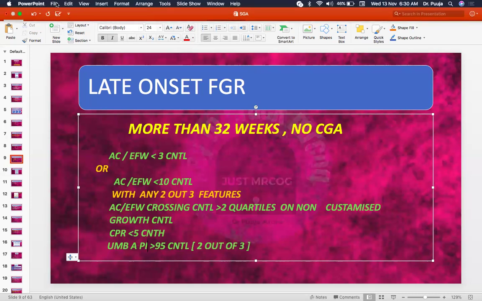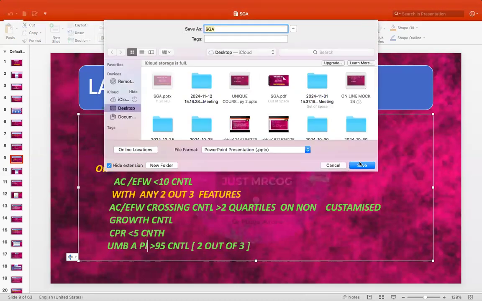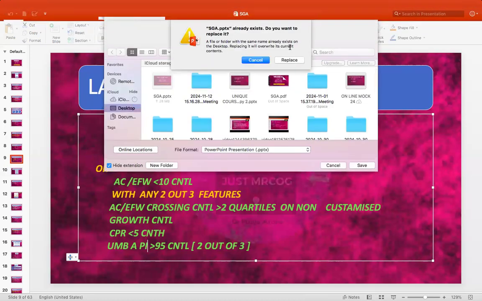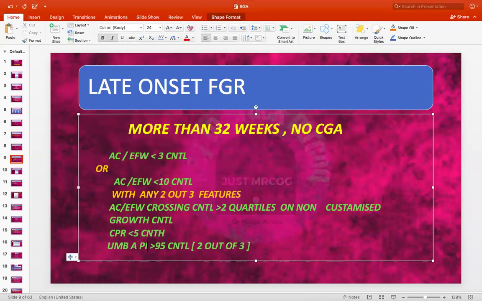So this is the criteria for late onset, when it is more than 32 weeks, no gross congenital anomaly.